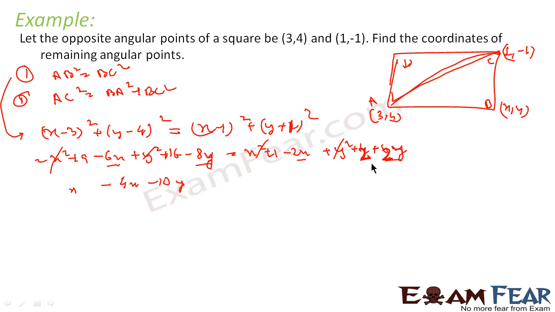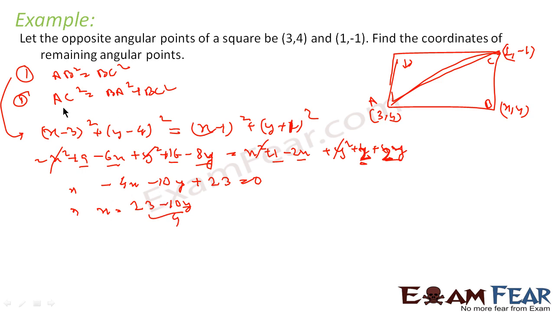Now the remaining thing is 9 plus 16, 25, minus 2, 23. So we get 23 minus 4x minus 10y is equal to 0, or x is nothing but 23 minus 10y over 4. So I got this equation, x in terms of y.